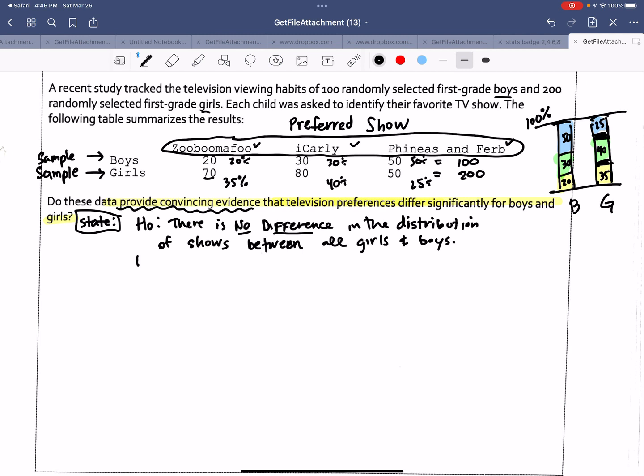Alternatively, we're trying to say I think that there is a difference in the distribution. Now, I'm not saying what it is, so we want to be very careful. I'm not saying that it is this or it is that. This is merely a sample. All we're saying is that whatever B is, the boys, and whatever G is, the girls, their distributions are different from one another.